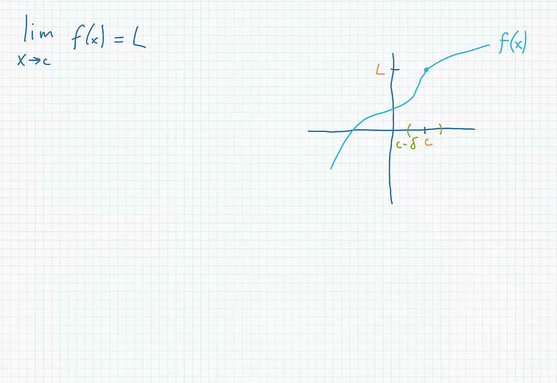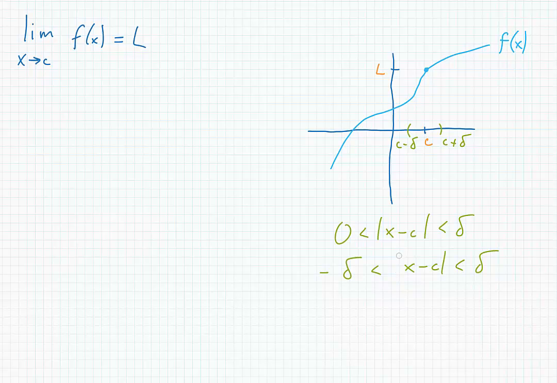And there's going to be some value on the right, which is c plus delta. In other words, the expression 0 is less than the absolute value of x minus c is less than delta is the same thing as saying that negative delta is less than x minus c is less than delta.